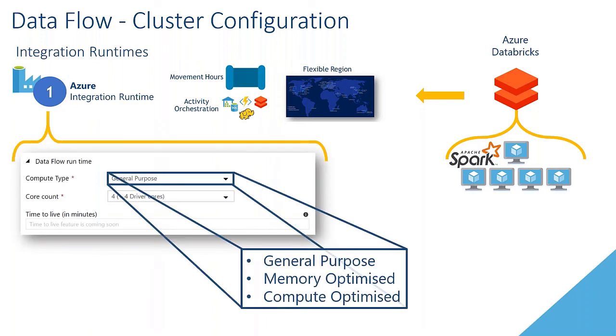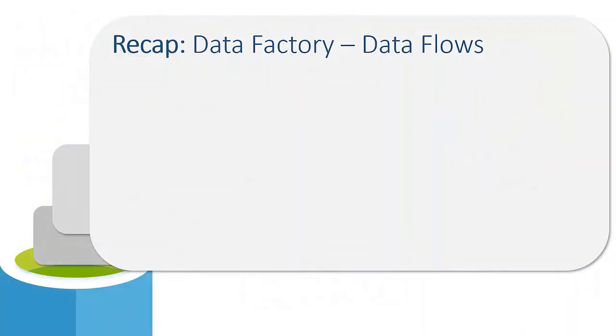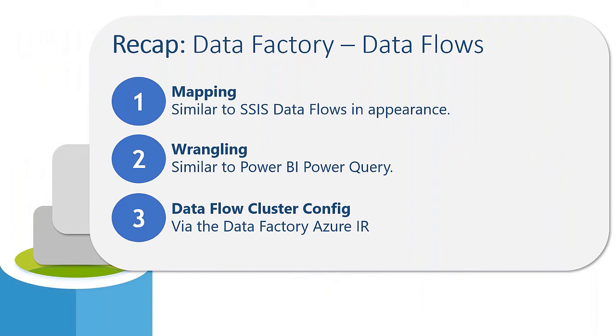We can go into the options and say what type of cluster we want, how long it is going to live, how many worker nodes we want, and so on. So it's that Azure integration runtime that you'll use to define your cluster. Just a quick recap on our data flows: mapping, very much like SSIS; wrangling, very much like our Power Query interface; and bear in mind it's the Azure IR where we configure the clusters for both.